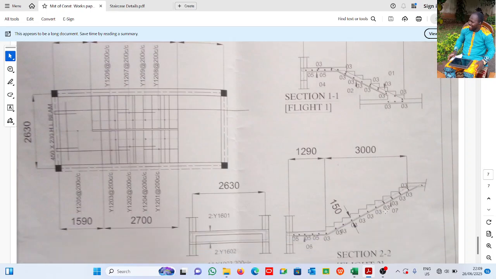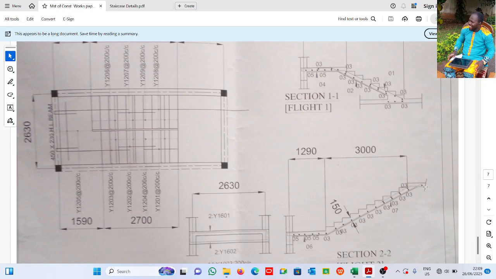But we know the thickness of the waist, which gives us an idea of what the landing is. The thickness of the waist is 150, telling us that it will connect to this landing here, so the landing is also 150.